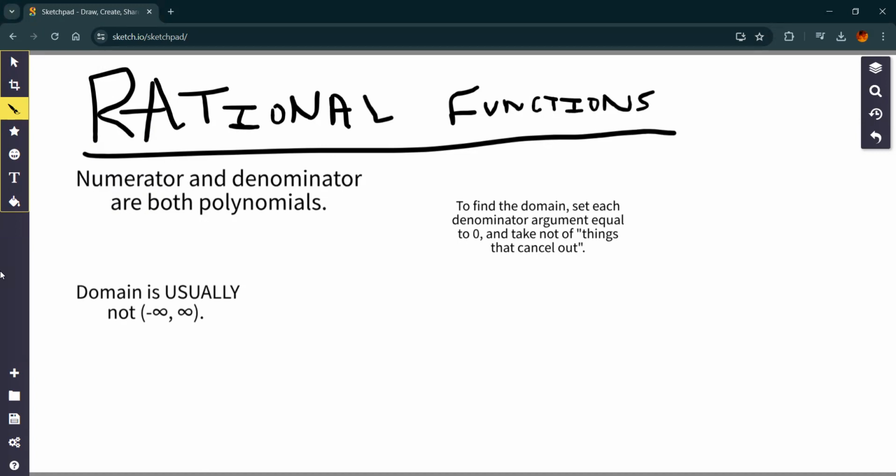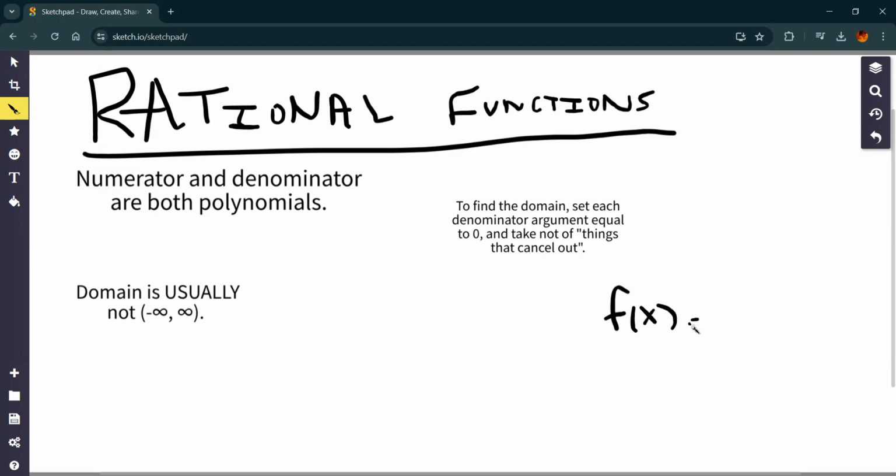These are actually some of the lesser important functions that you would want to know in calculus, but we would want to refresh on this a little bit. In a rational function, both the numerator and the denominator should be polynomials. So, that being said, usually they are what appears to be a fraction.